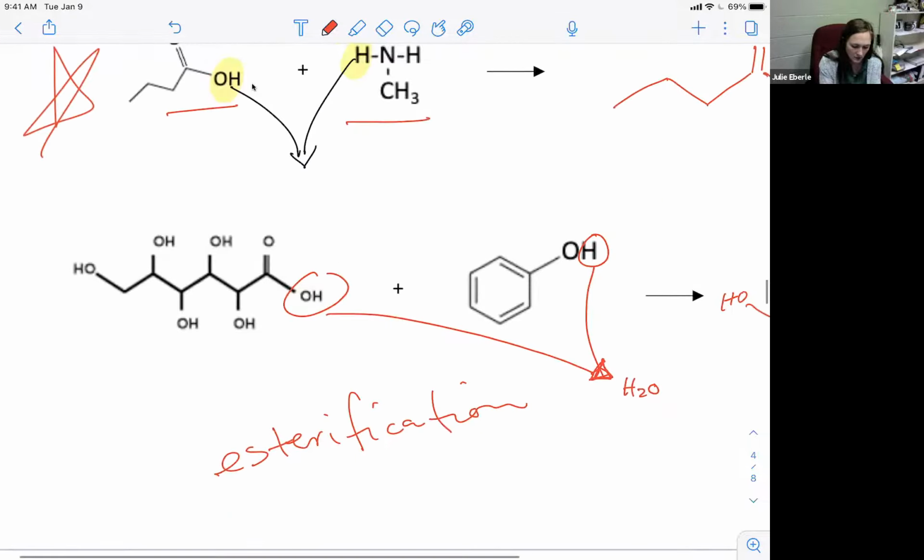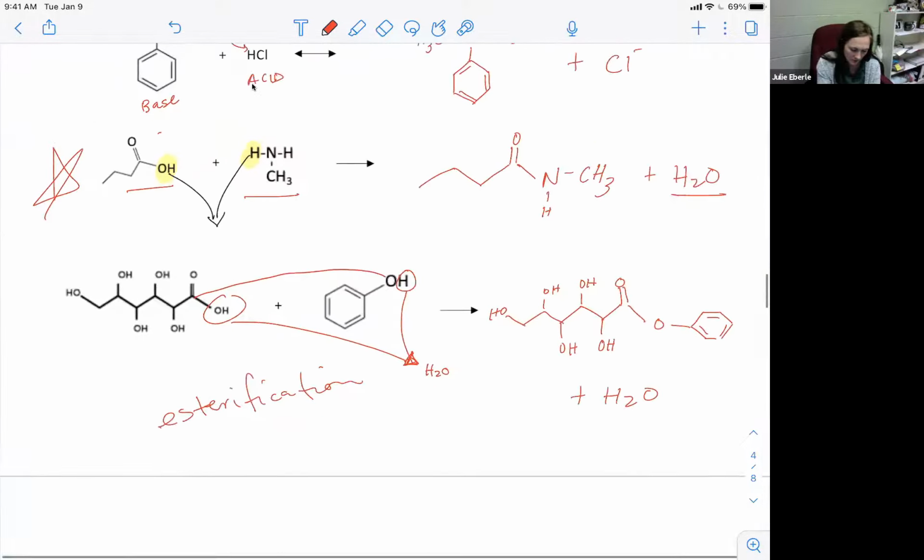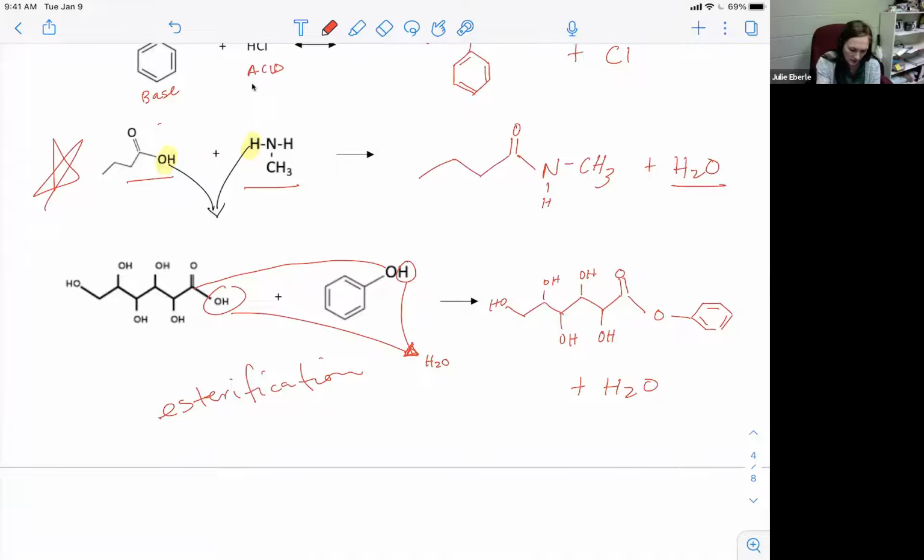And then you need to flip, so we're going to get a bond between that carbon and that oxygen. This bond right here is that bond right there, and this is your ester right here. Nothing else on the molecule has changed.